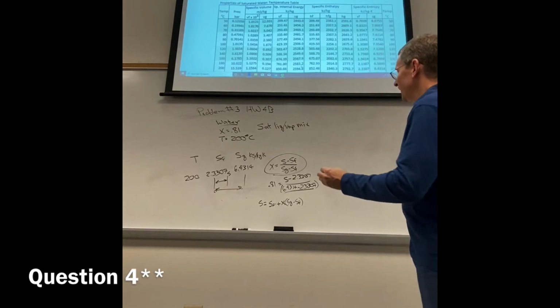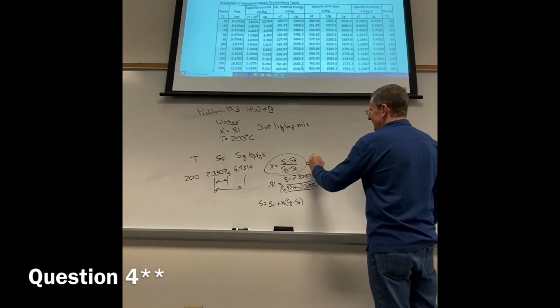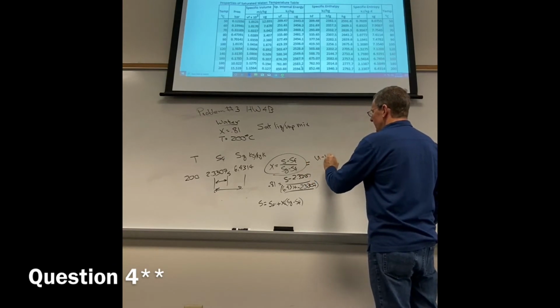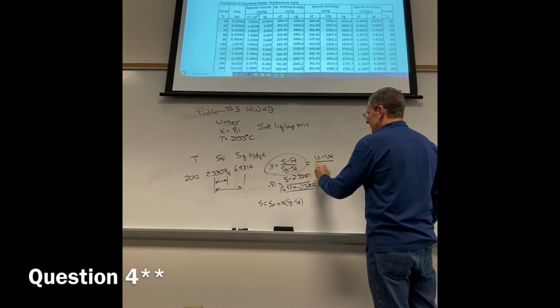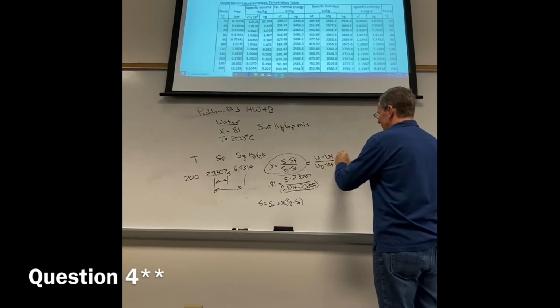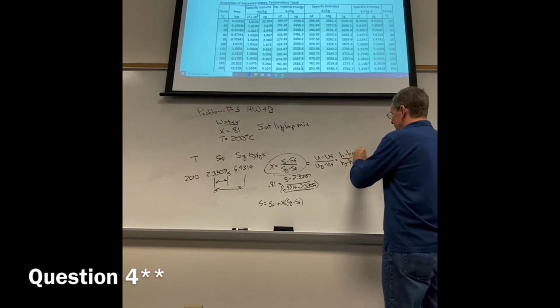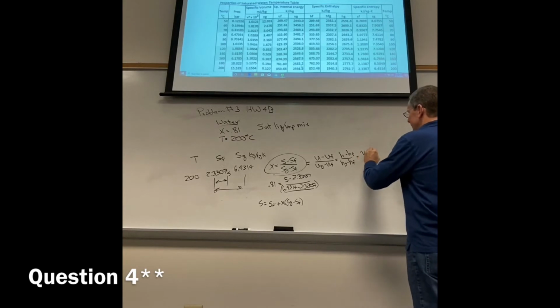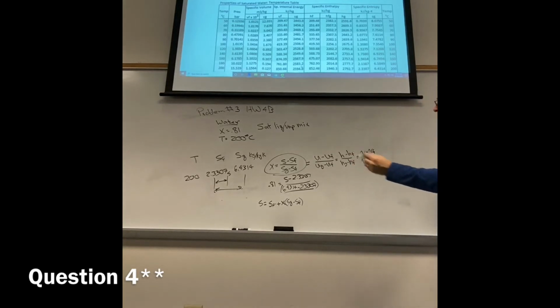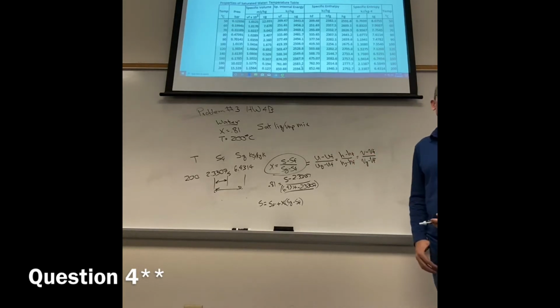Yes, so it turns out (U minus UF) over (UG minus UF) is equal to (H minus HF) over (HG minus HF) is equal to (V minus VF) over (VG minus VF). So all of those things are true and will all give us the same quality.